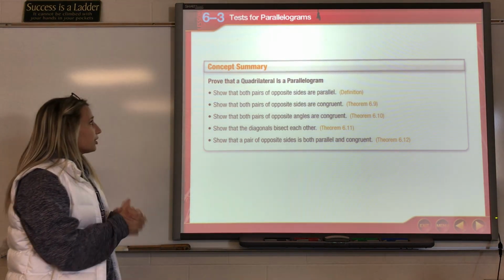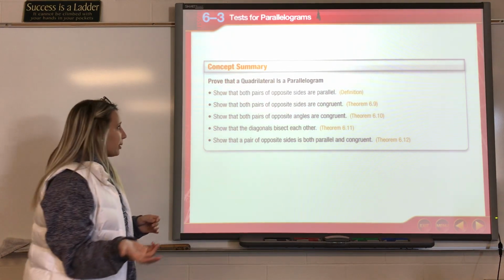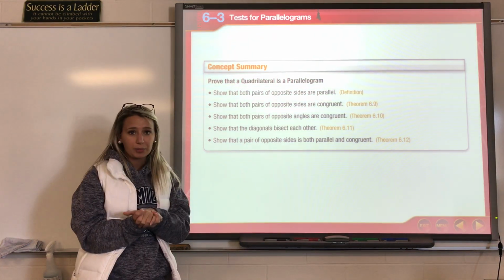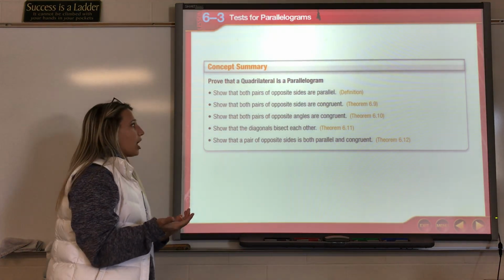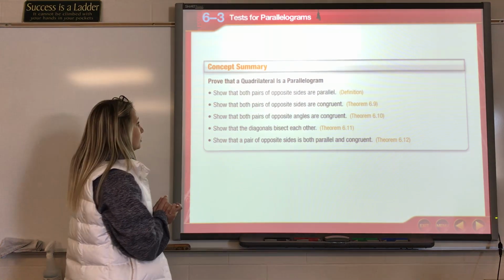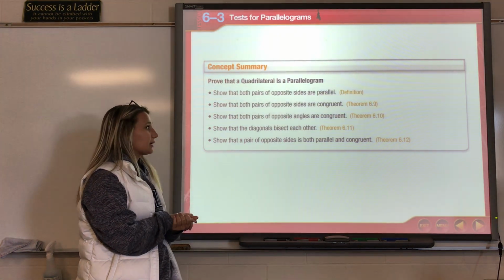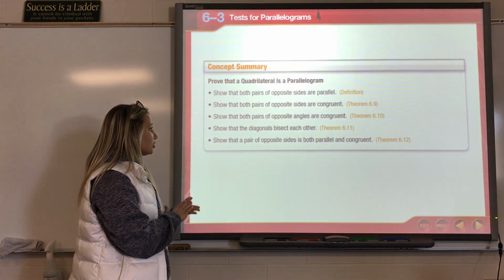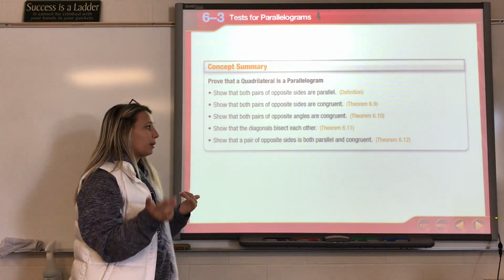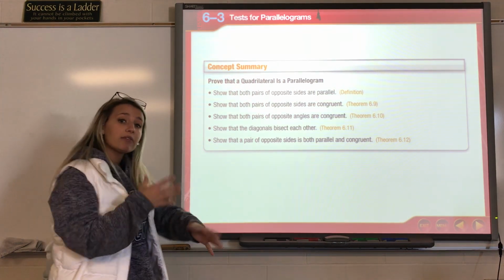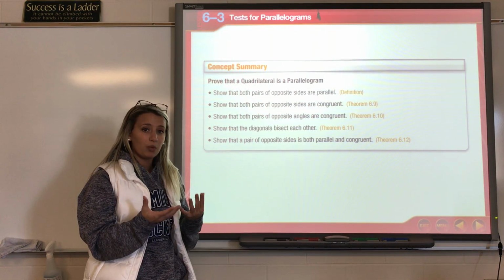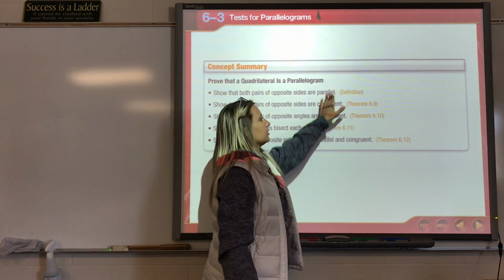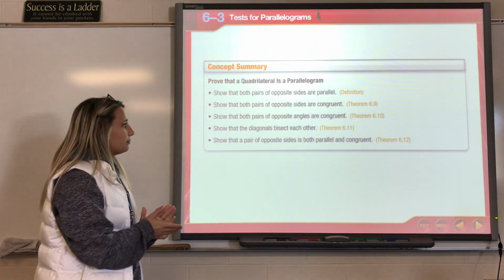In order to prove that a quadrilateral is a parallelogram, first we could show that both pairs of opposite sides are parallel, show that both pairs of opposite sides are congruent, show that both pairs of opposite angles are congruent, show that the diagonals bisect each other, and show that a pair of opposite sides is both parallel and congruent. So if you were given a diagram and had to prove that it was a parallelogram, you have all of these things to choose from, and these are the theorems that go with them and the definition.